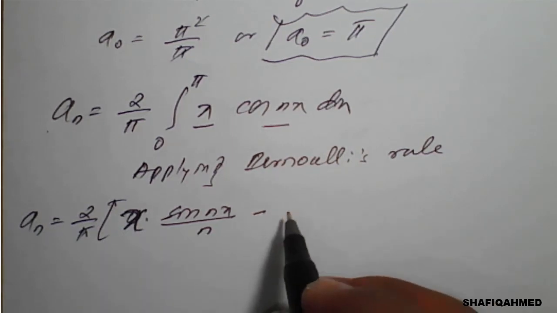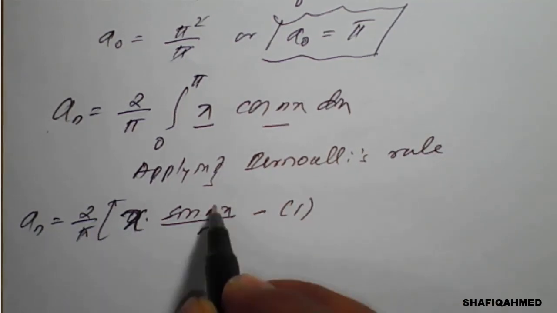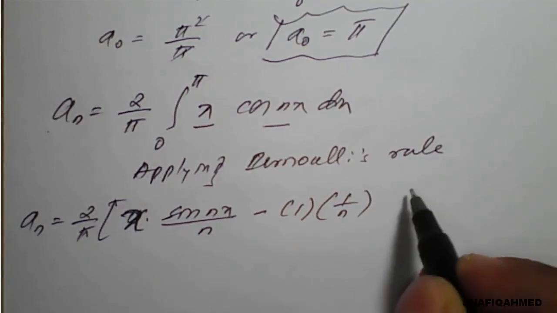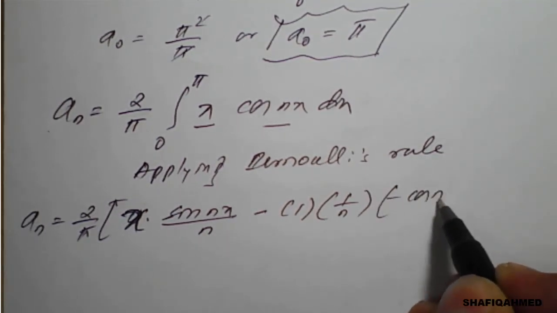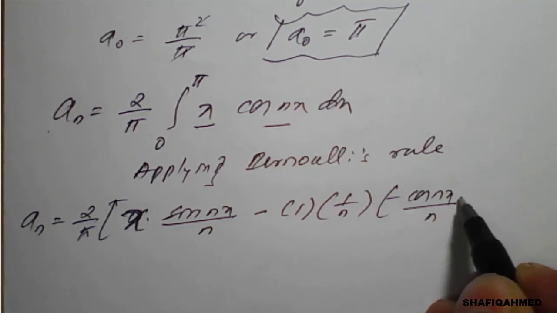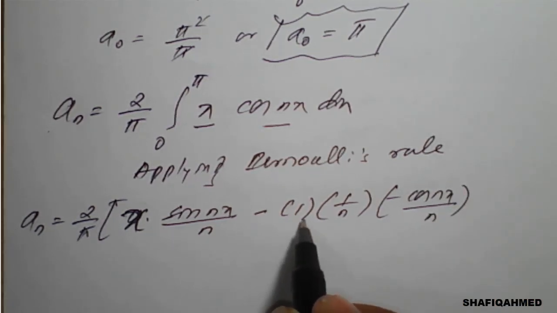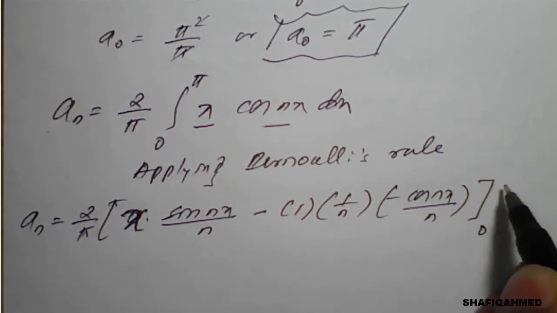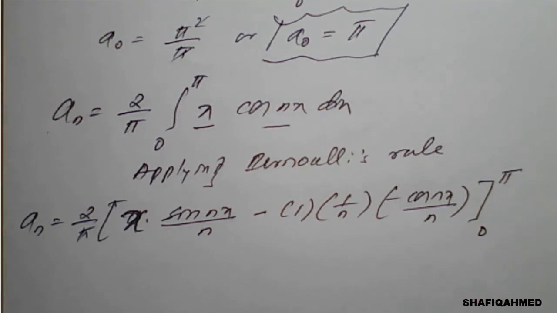Differentiation of x with respect to x is 1, with 1 upon n to carry. Integration of sine nx is minus cos nx divided by n. Differentiation of our u function, that is differentiation of 1, is 0. So we'll stop and conclude with the limit 0 to pi.